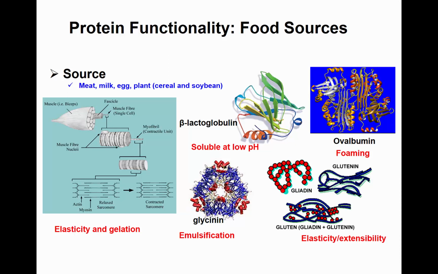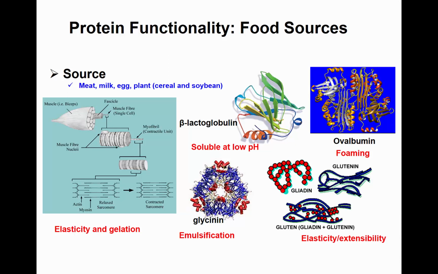Just last minute here, I want to illustrate that different protein sources will have different functionalities because of their structure. Beta-lactoglobulin, very hydrophilic on the surface. Whey protein, excellent for beverages. Ovalbumin from eggs has a very good surface balance of hydrophilic to hydrophobic, and has excellent foaming characteristics.